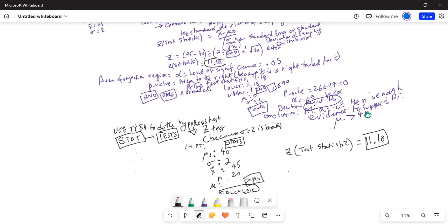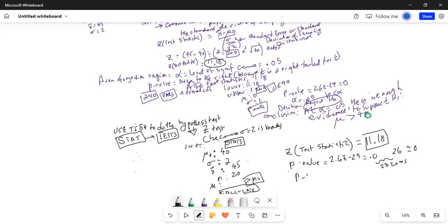And look at the p-value, same as before, 2.6 e minus 29. That means equal to point followed by 28 zeros and then 26, which is almost 0 actually.